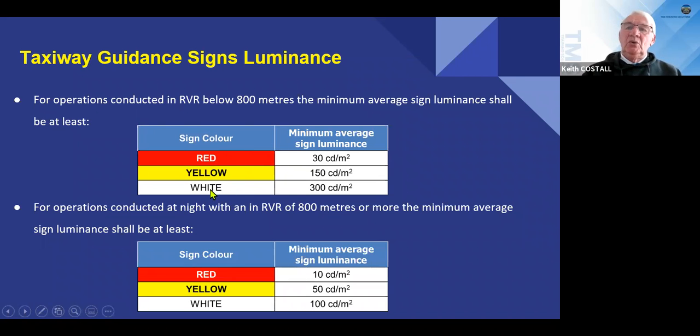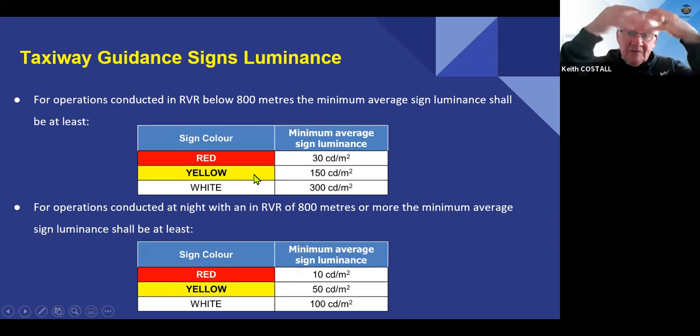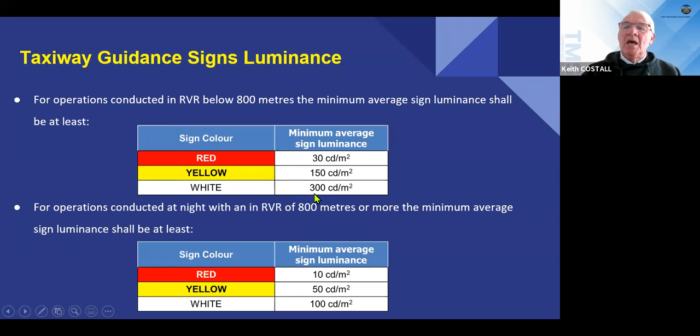So we have these ratios associated with the colors. You'll see here, if I've got a 300 candela per meter squared white light, then if I want to go through a yellow filter, that is the fascia's yellow, there is a 50% reduction of that light.